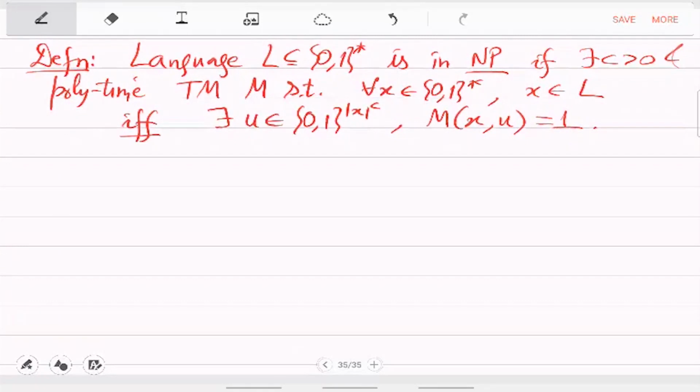Okay, so let me mention here that this M is called the verifier. That's the verifier, and this U is the certificate for X. So verifier and certificate, and this blow up is polynomial.